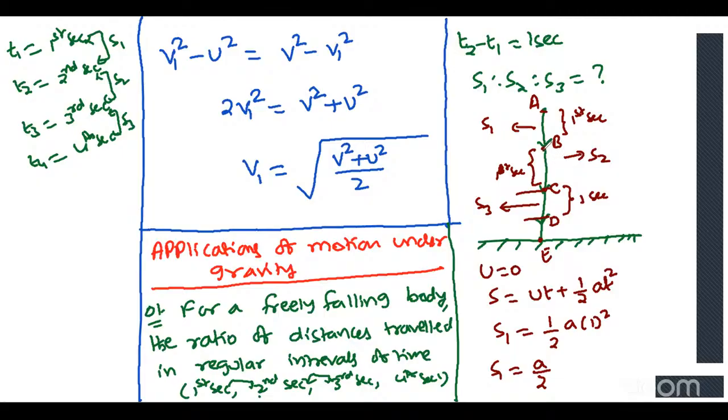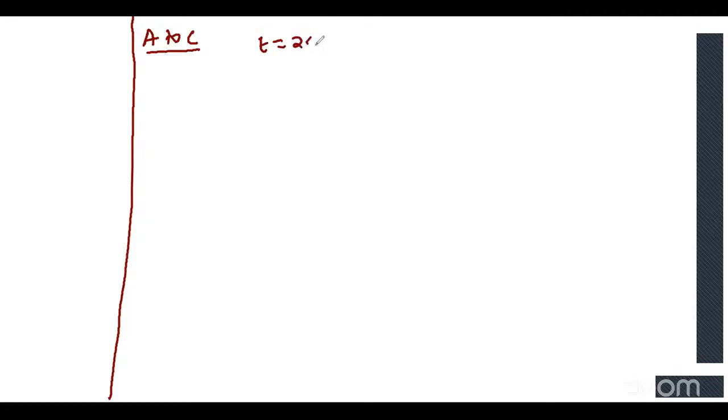Otherwise, we need to find velocity at B and then write with initial velocity U1. Instead of that, I am taking from A to C. At A, initial velocity is 0. A to C takes a time 2 seconds.